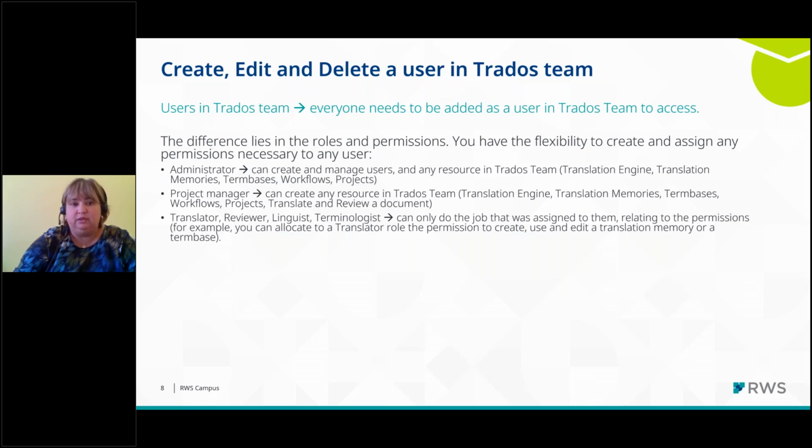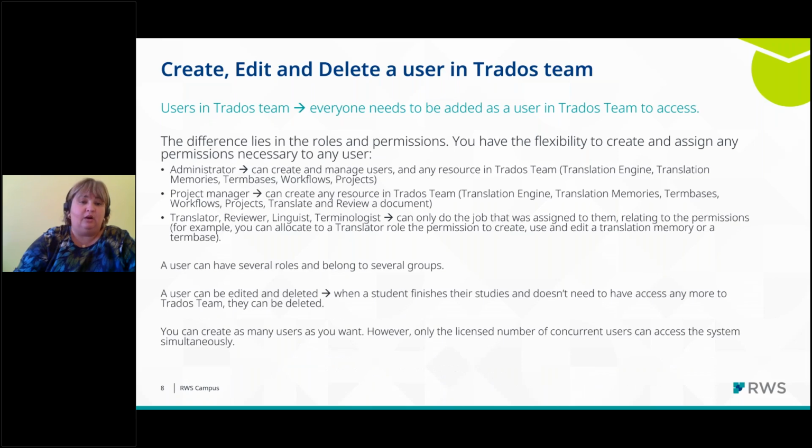Normally, for a student, you will need to give access to do this. So we encourage you to create a new role for your users, and add the roles and permissions needed. A user can have several roles and belong to several groups.